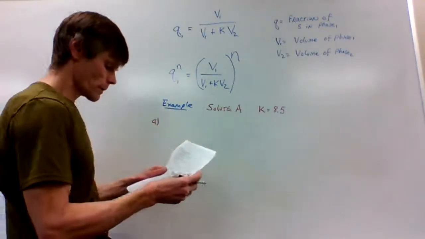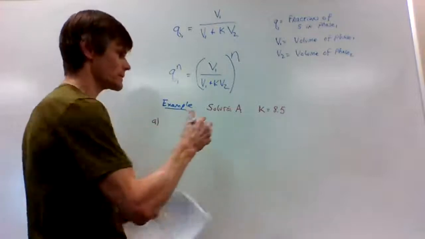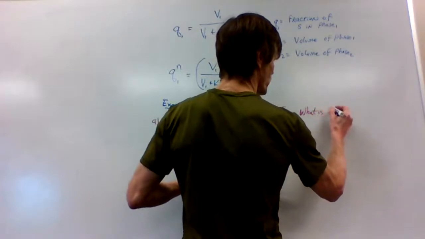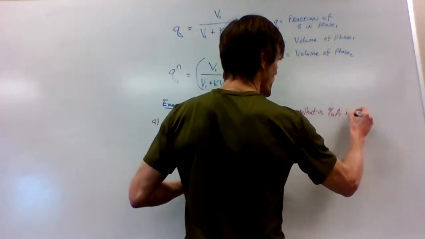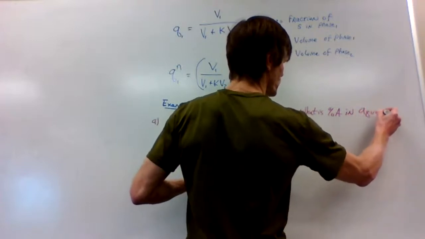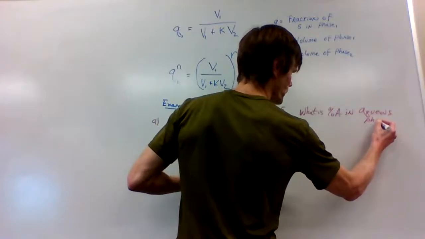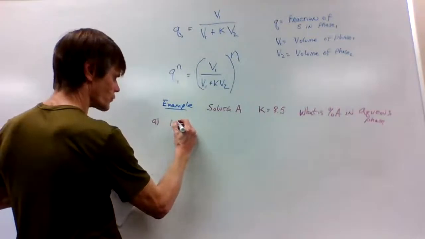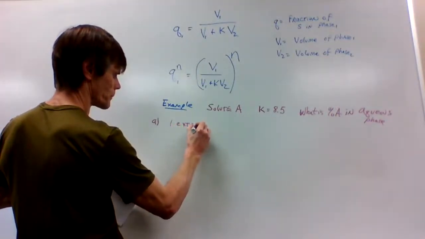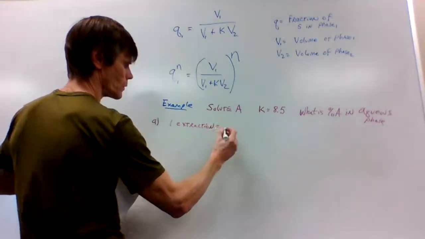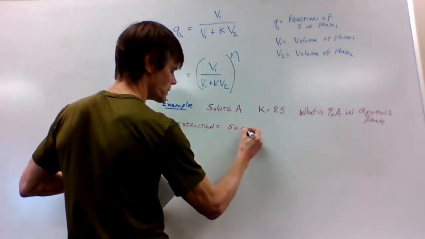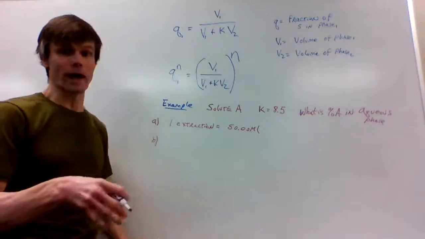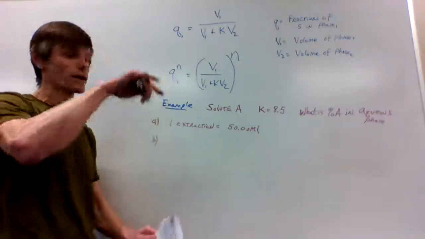Now, what we're going to look at is we want to calculate the percentage of A that remains in the water phase, in our aqueous environment, and we're going to look at the efficiency of doing either A, one extraction with 50 milliliters of toluene, or B, 5 extractions with 10 milliliters of toluene for each.